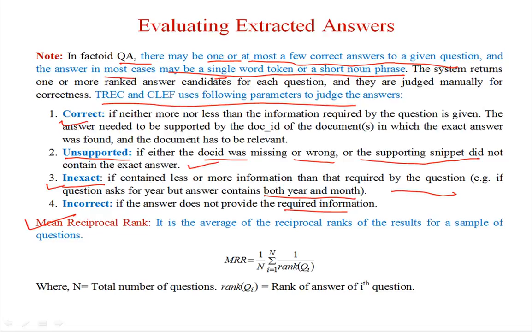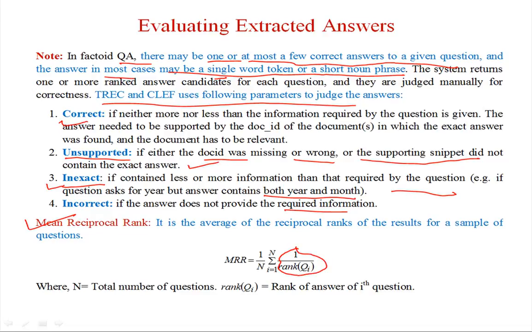In the same way, an automatic question answering system several times generates a ranked list of answers. To calculate the accuracy of such generated answers, we use mean reciprocal rank. In mean reciprocal rank, this part is called reciprocal rank.